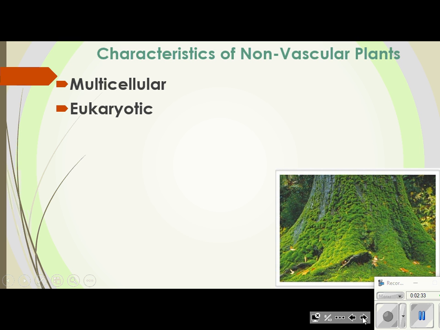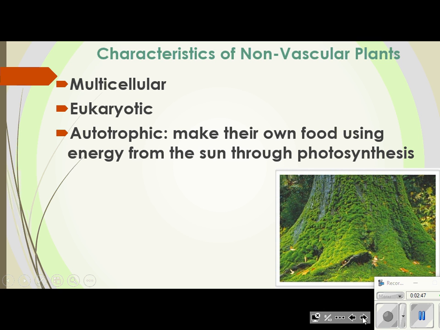Once again, what does eukaryotic mean? It has a true nucleus. Okay? Autotrophic. Non-vascular plants are autotrophic. Autotrophs make their own food using sunlight to convert certain materials into sugar and oxygen.